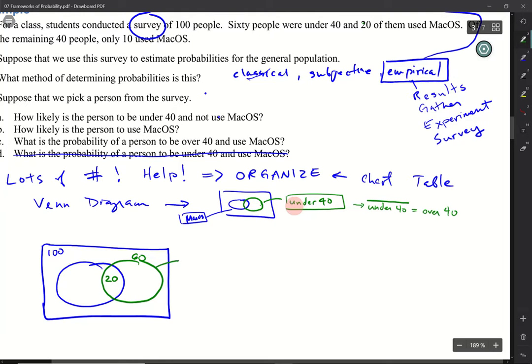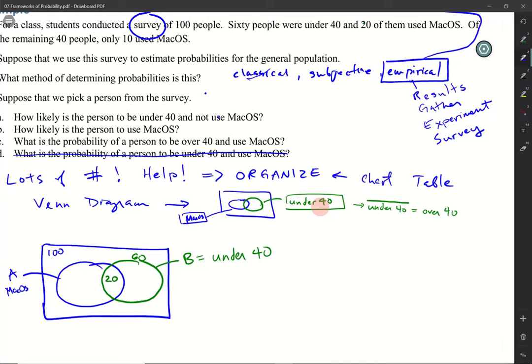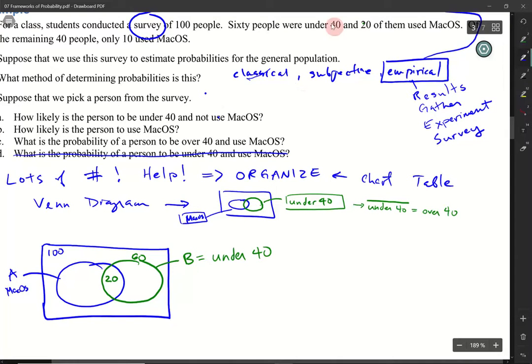So maybe we'll say B equals under 40, and then we'll say A is MacOS. So 60 people were under 40. Here we have this B, under 40.